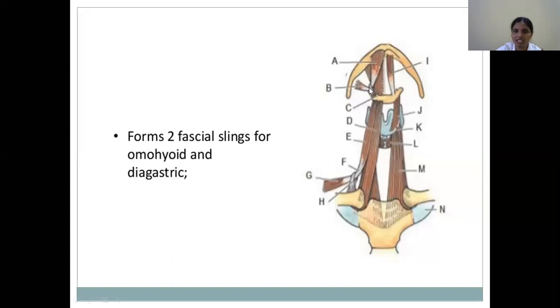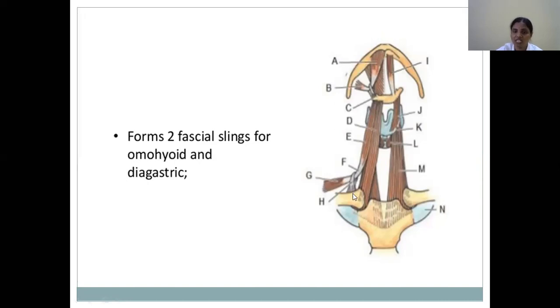That tendon is anchored to the hyoid bone by means of a fascial sling, which is derived from the thickening of the investing cervical fascia. So by this, it is elevating the hyoid bone during deglutition. So this is the function of this fascial sling, and this fascial sling is one of the modifications of the investing layer of the deep cervical fascia.